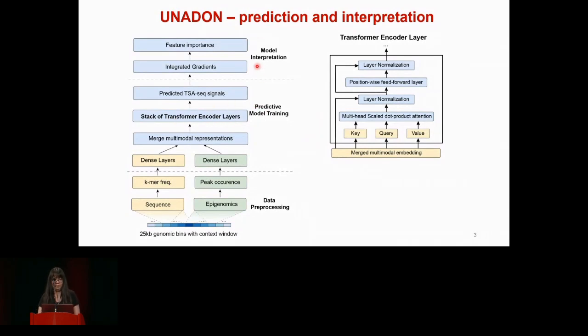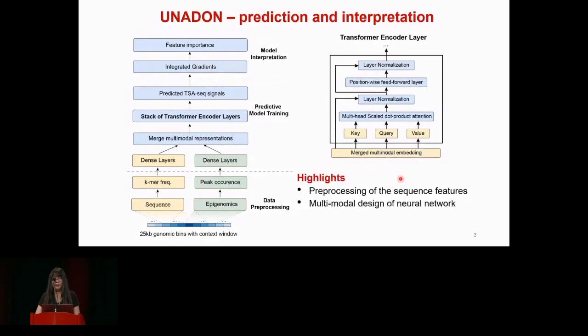After model training, we applied an interpretable machine learning technique named integrated gradients to compute the feature importance scores. I would like to highlight 3 key features that contribute significantly to the performance of UNADON. Firstly, the preprocessing of the sequence features greatly reduces the dimensionality of the input sequences while preserving the informative features, and this allows the model to efficiently learn the complex sequence features.